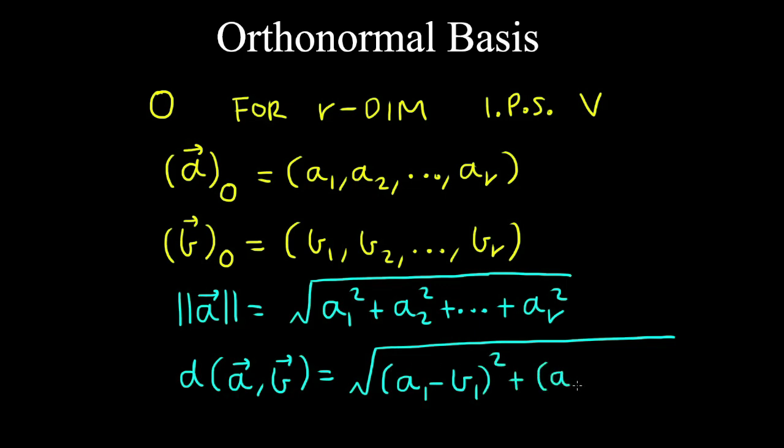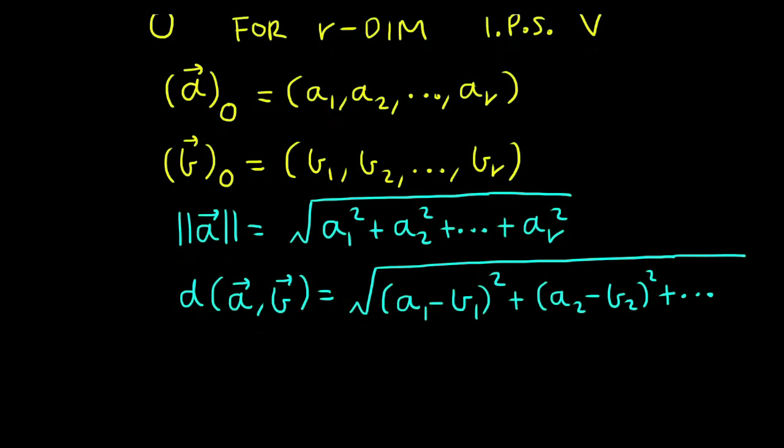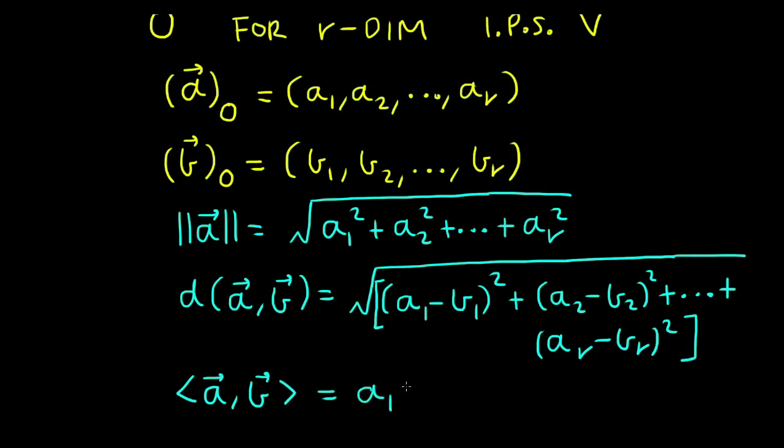So we have A2 minus B2 squared, and so on up to AR minus BR squared. And the inner product between A and B is the sum of the products of the components of both vectors up to AR BR.